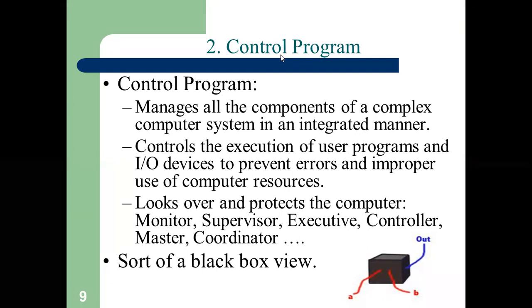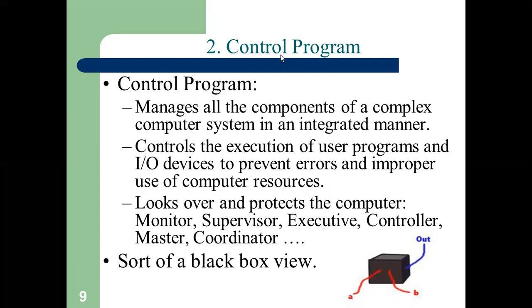It is the system software that controls all types of activities done by the user, to prevent errors and improper use of the computer resources. Sometimes we do not use the various resources accurately, and then this control program provides the proper way to use and allocate those resources.